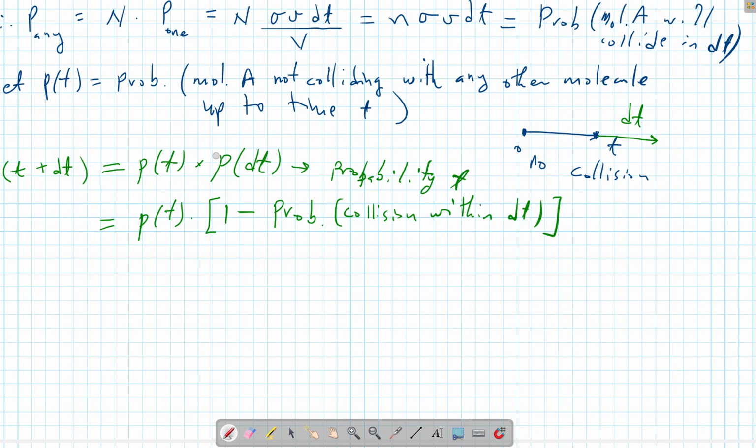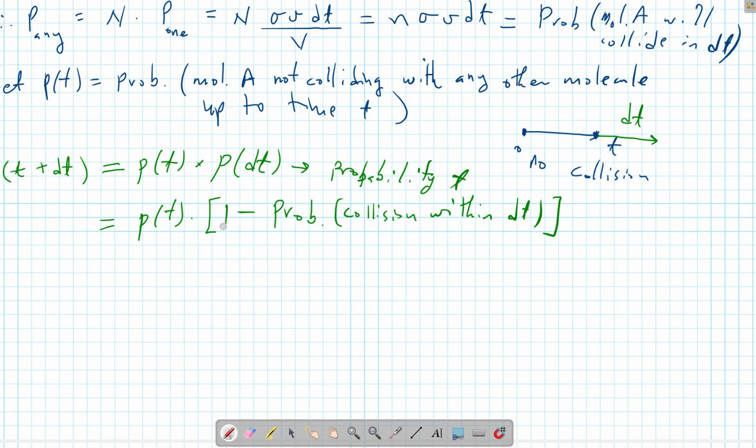So here is the probability of no collision within time interval dt. This is exactly going to be equal to 1 minus the probability of having collision within time dt, right?